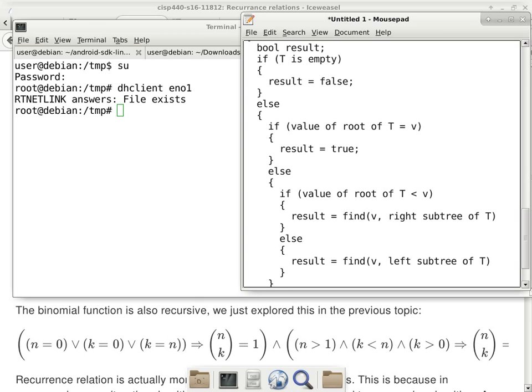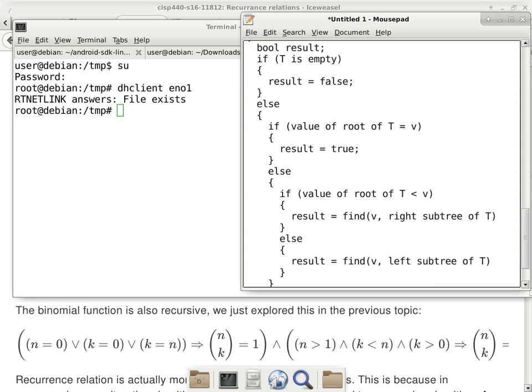This is a recursive algorithm. And the interesting thing is every algorithm can be turned into a recursive algorithm, and everything that is recursive can turn into an iterative equivalence of the recursive algorithm. So internally, they can express the same type of solutions. It's just that sometimes it's easy to express recursively.